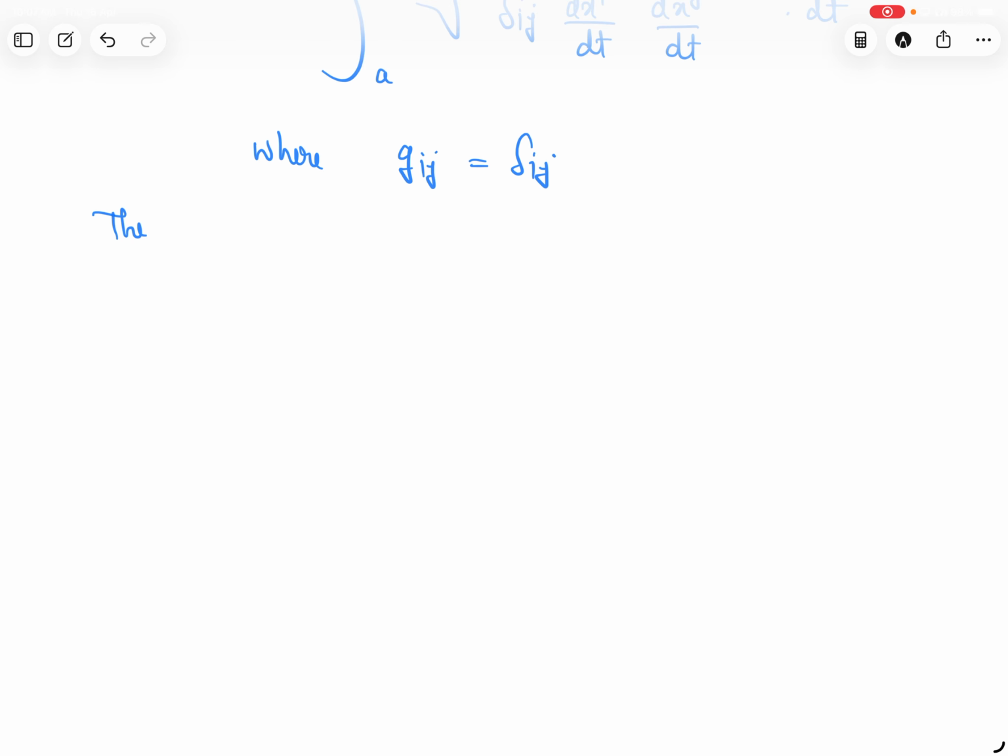The formula has an equally informative differential form.